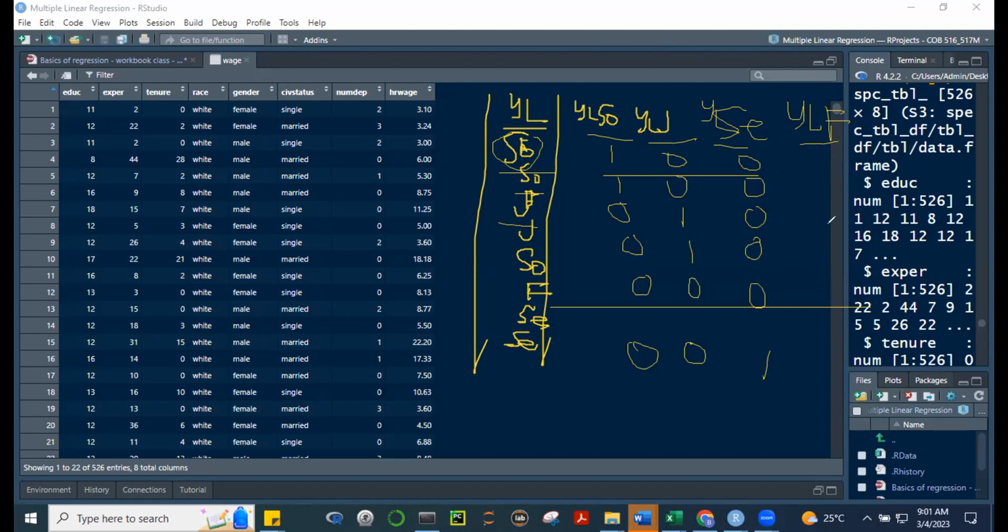The reason is that this will lead us to what we call the dummy variable trap, and it will lead us to multi-collinearity. I'll explain this as we go along. Suffice it to say, class, that we do not do this because we will have an issue of multi-collinearity.